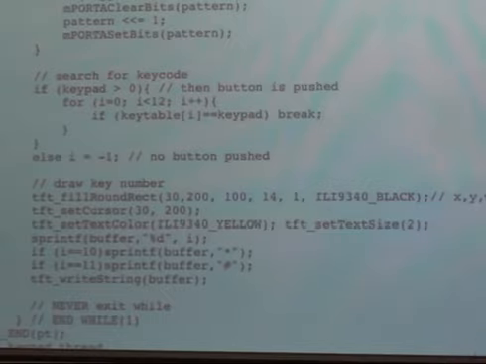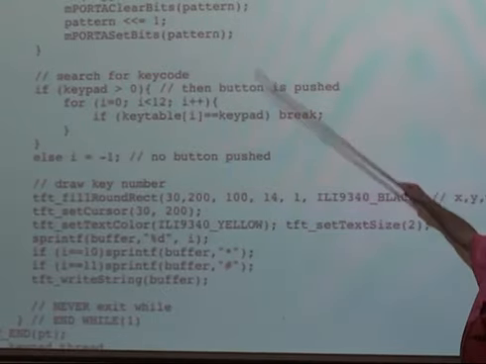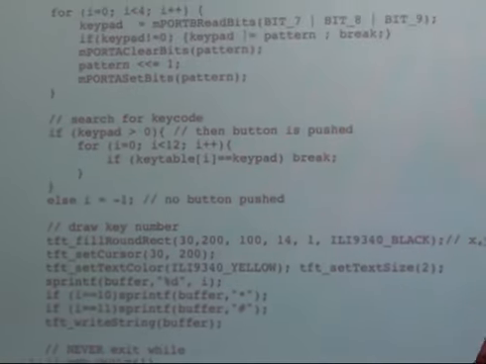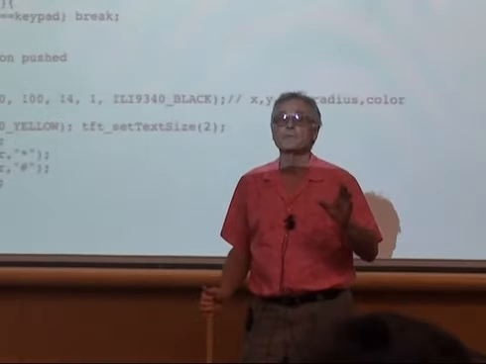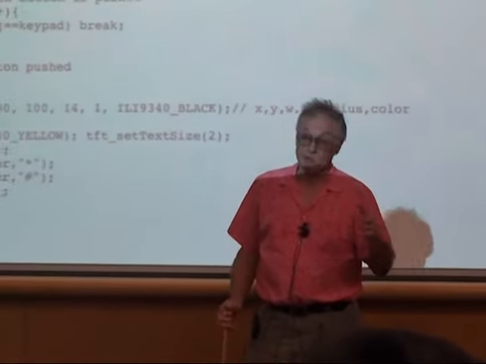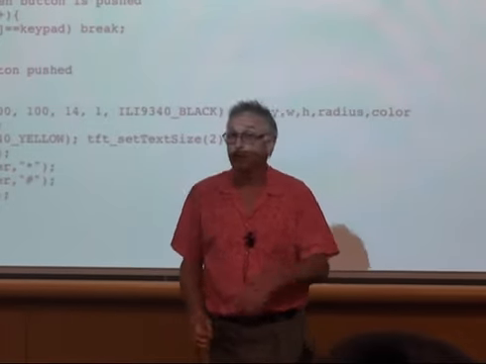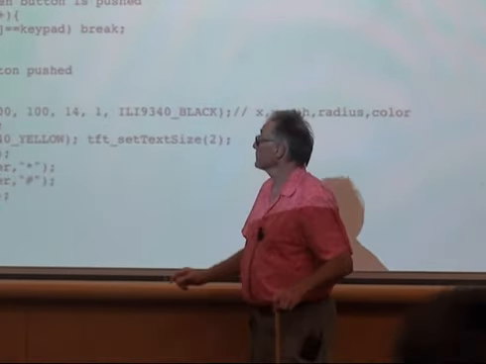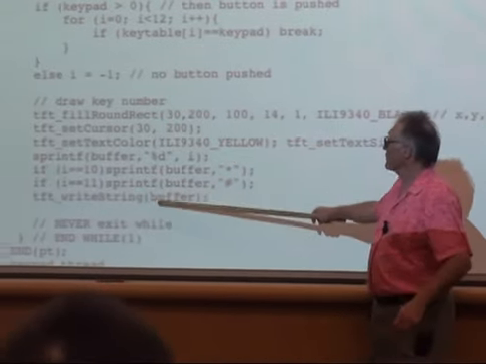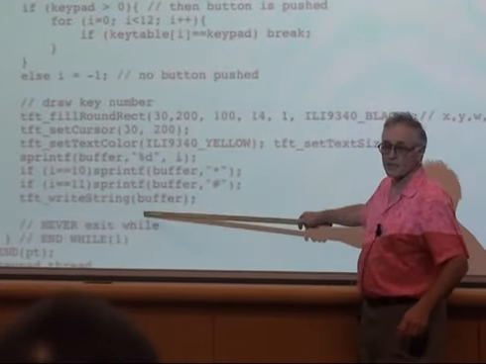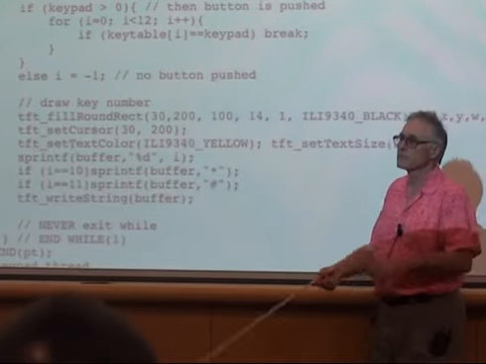In your case, what you're going to do is set this up as a callable thread, as a spawnable thread, or you could write it as a function, it doesn't matter. But you're going to return the key number rather than write it, although you might write it for testing.